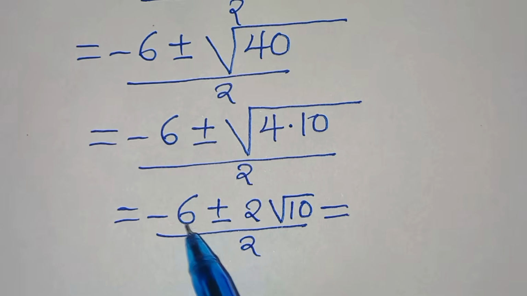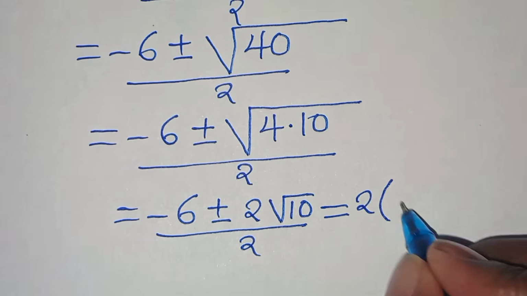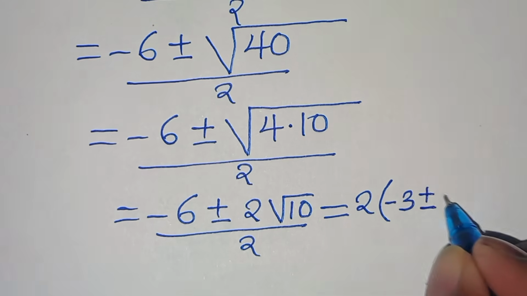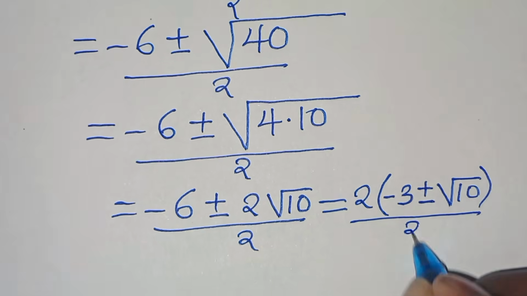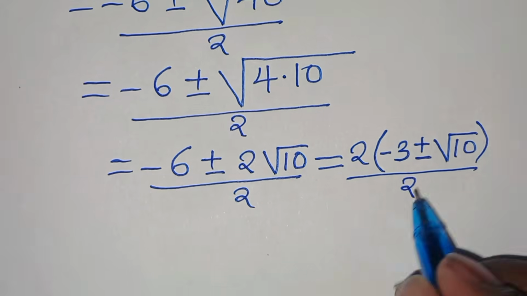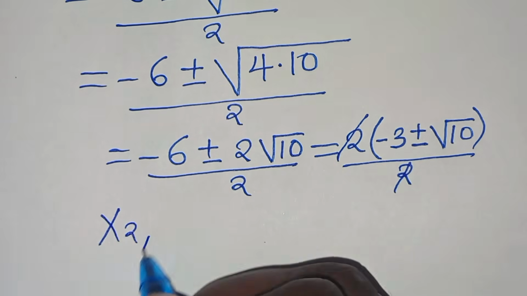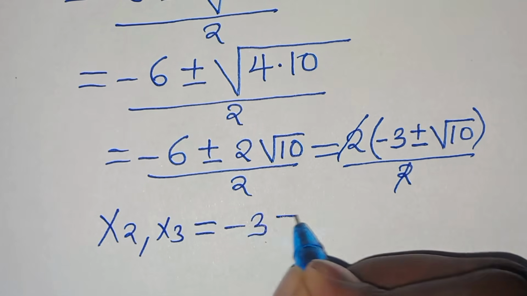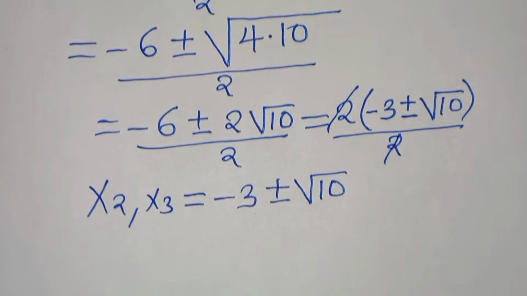So in the numerator here, we have that 2 is common. We can factor out 2 so that in the parentheses, this is minus 3 plus or minus root 10, everything here divided by 2. So let's simplify 2 and 2 here so that now x2, x3 is equal to minus 3 plus or minus square root of 10.